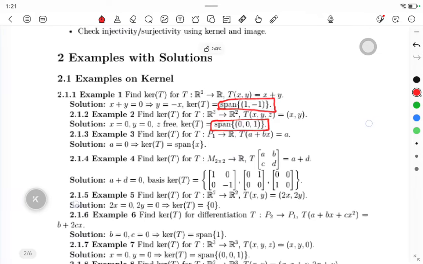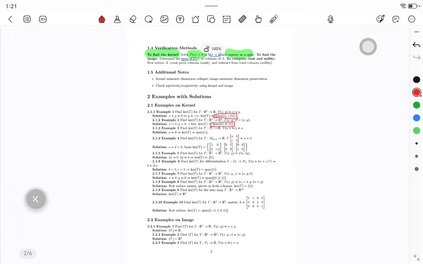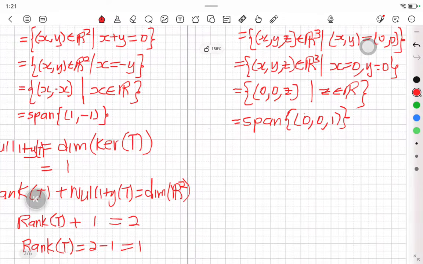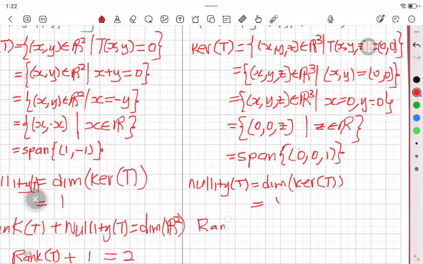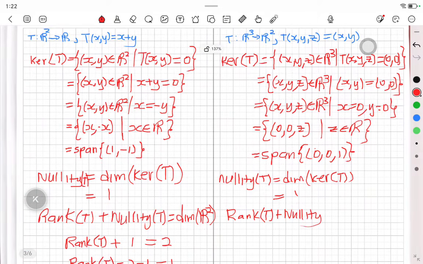So we can even get our nullity. The nullity of T is going to be the dimension of the kernel of T, which is 1. And if we look at the rank of T, what do you think will be the rank of T? Let me zoom out so you can see everything.